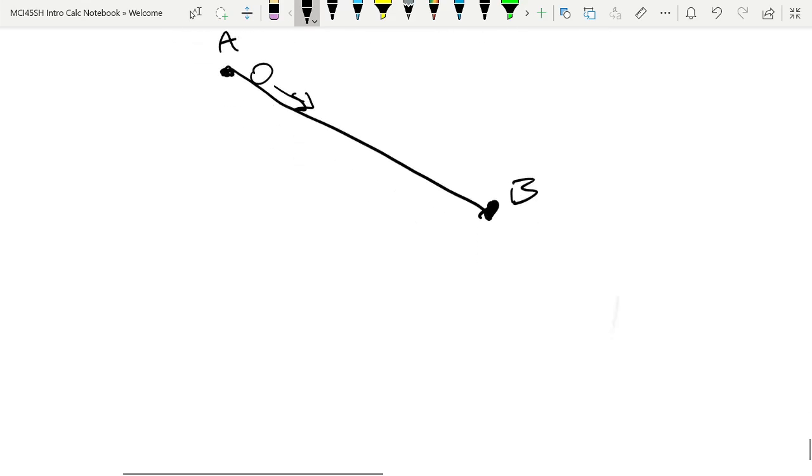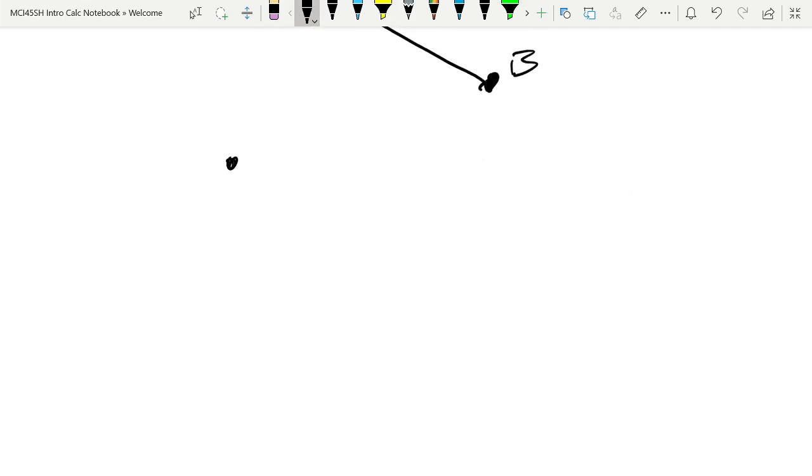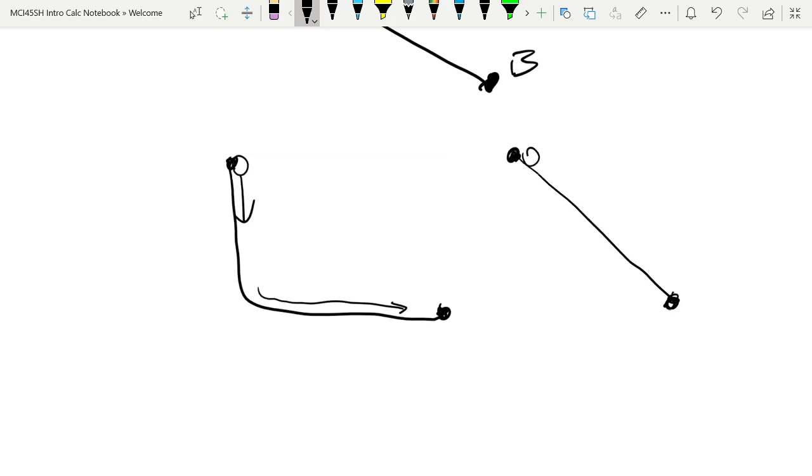Now, obviously, if you think about A and B, you could make a path like that, where gravity gets to pull the ball really fast and build up lots of acceleration, but then, of course, it's going to slow down as it goes that way. Or you could just, again, let it roll down a straight line.